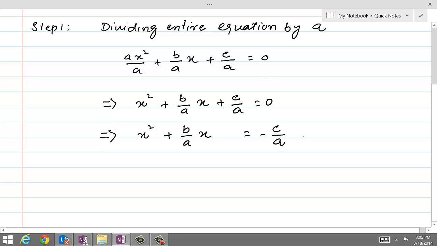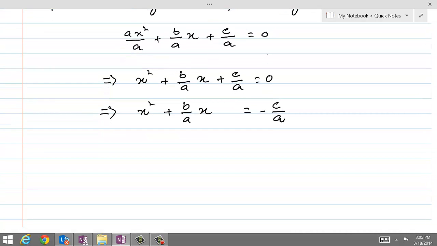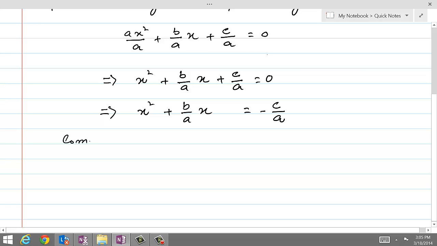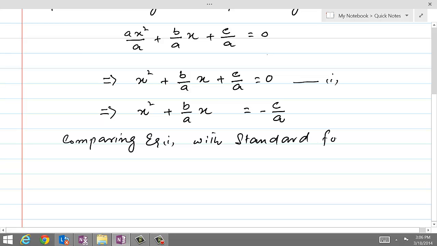Now we will define what is a, what is b, what is c for this new equation. Let's call this equation 1. Comparing equation 1 with the standard form, the coefficient of x square is called a.